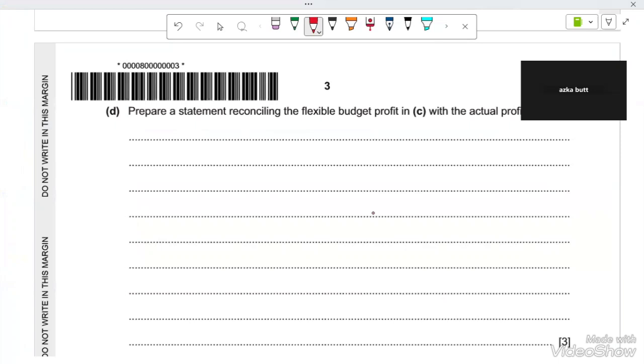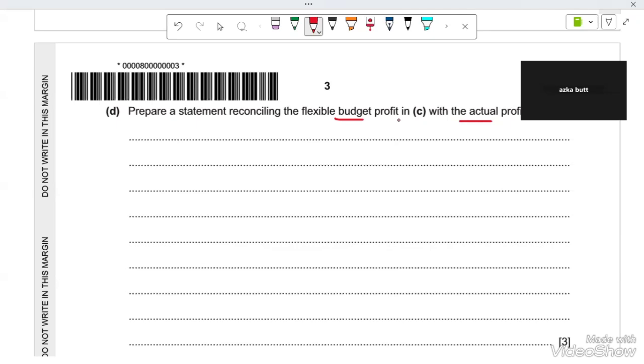Okay, so now we need to prepare a statement reconciling the flexible budget profit with the actual profit. The reconciliation statement helps us to understand why the actual profit, which is 4,740, is different from the flexible budget profit, which is 10,800, by analyzing all the variances that affected the final profit.